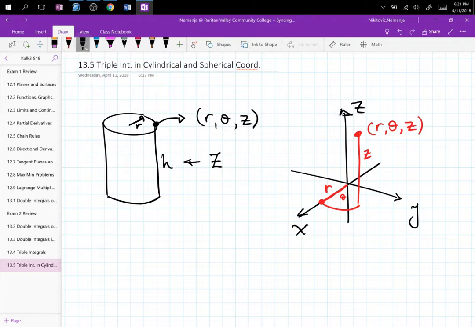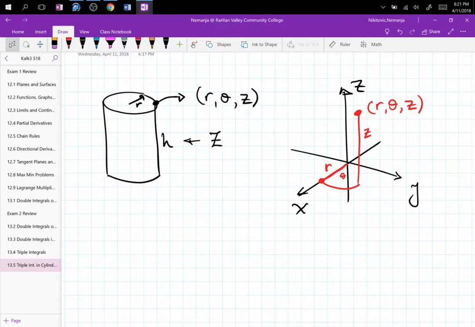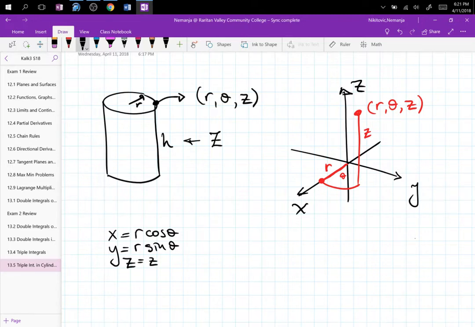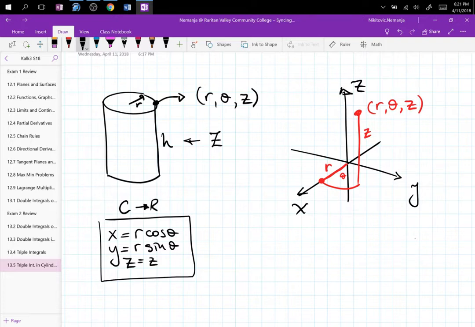So conversion between the systems here should be clear. You have the set of equations that say x equals r cosine theta, y equals r sine theta, and z equals z. This would be the set of equations which would change cylindrical coordinates into rectangular coordinates, because you have all of the r's and thetas given, and you are able to compute x, y, and z.